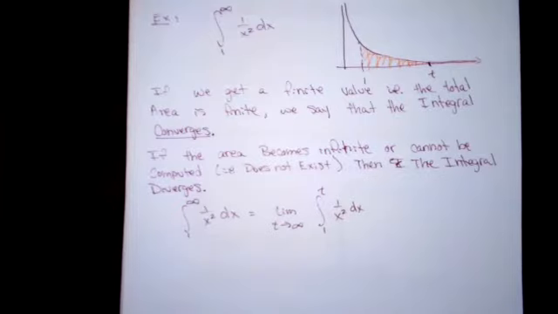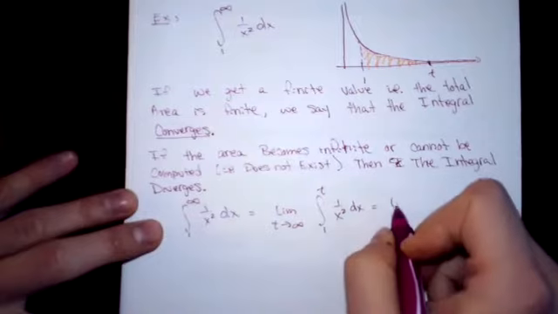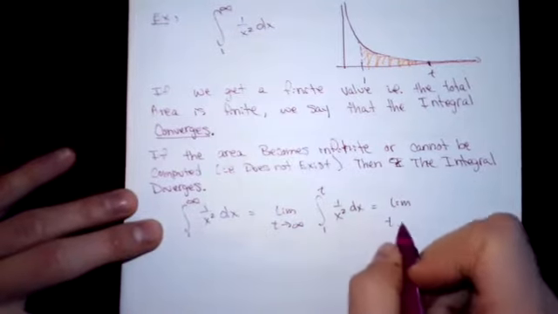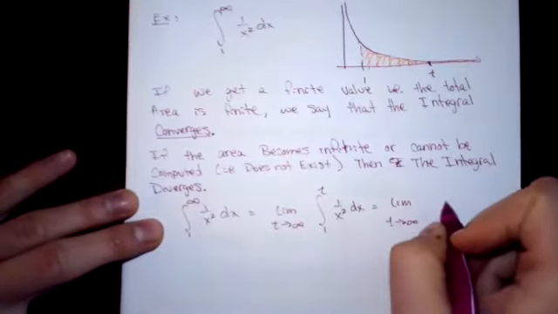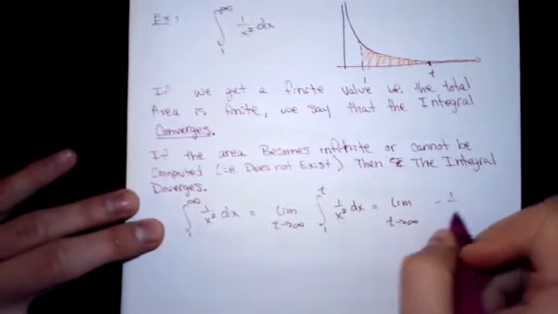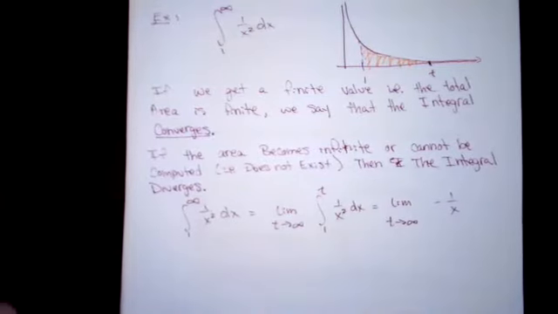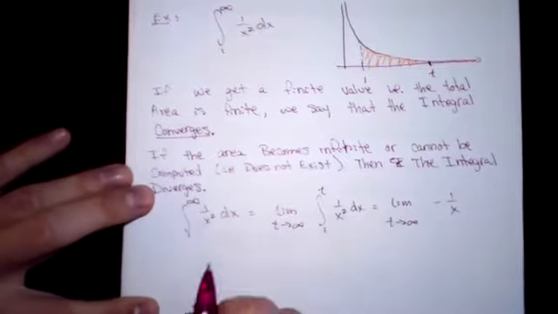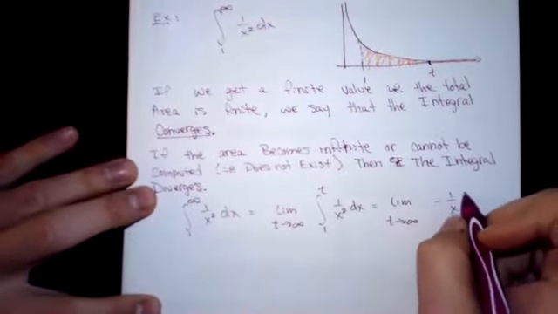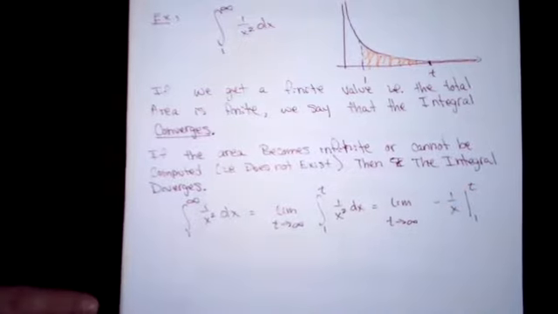So integrating this, what do we get? We'll have our limit as t goes to infinity. The integral of 1 over x squared, hopefully everyone is getting familiar with, that's just x to the minus 2. So we should get a negative x to the minus 1. We've got 1 to t as our limits.